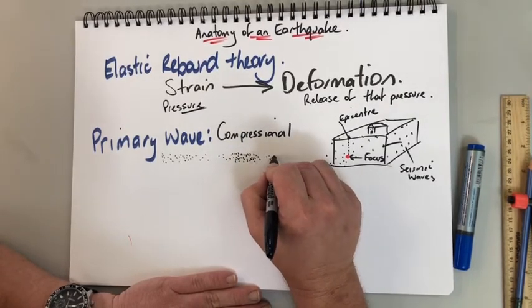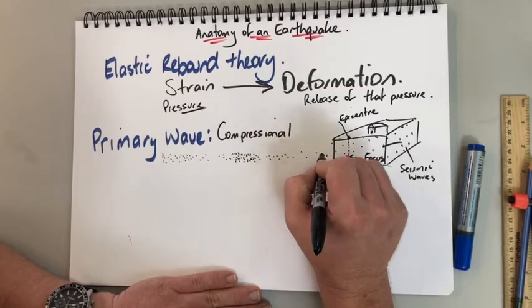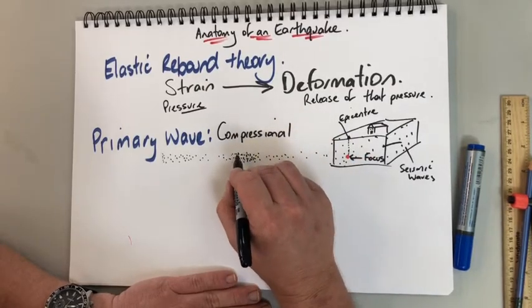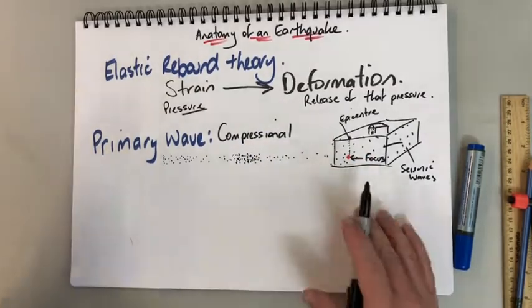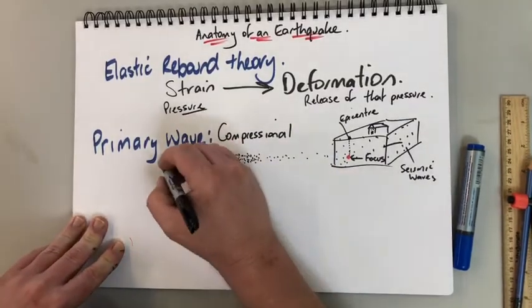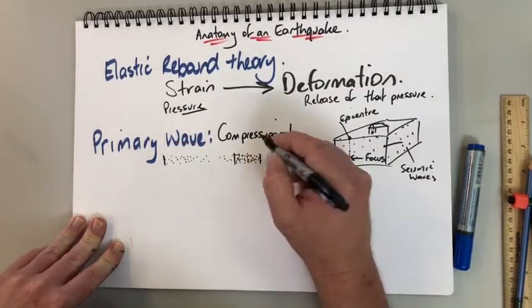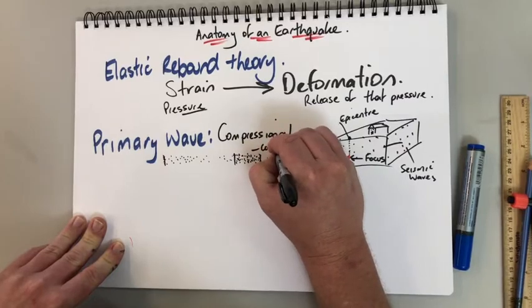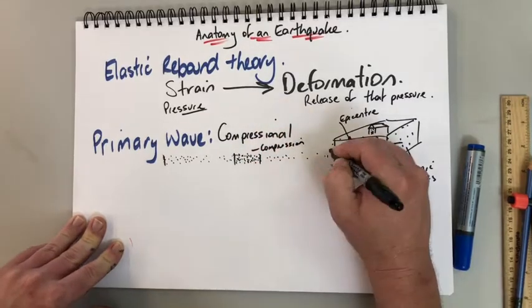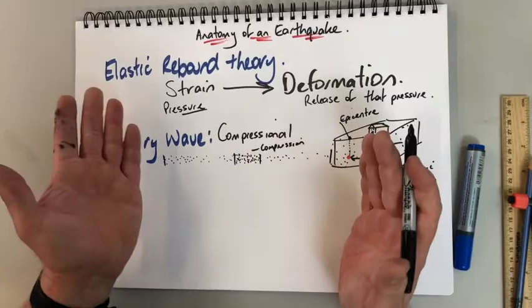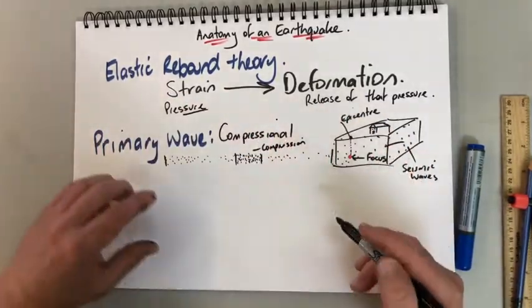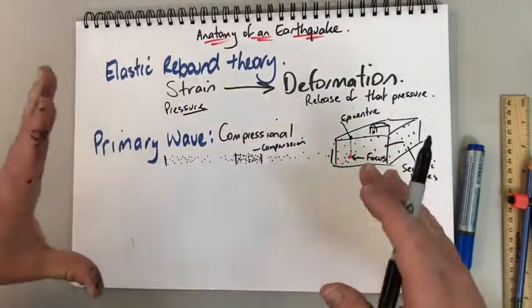Compression, and then we have our. So it's not a very good picture, but we've got areas of compression and areas of rarefactions: compressions, rarefactions. And this is a compressional wave.